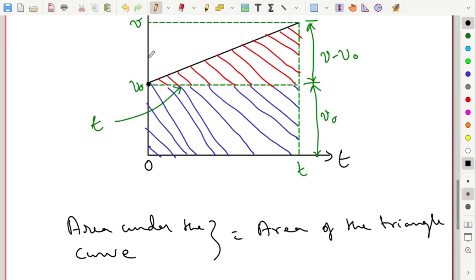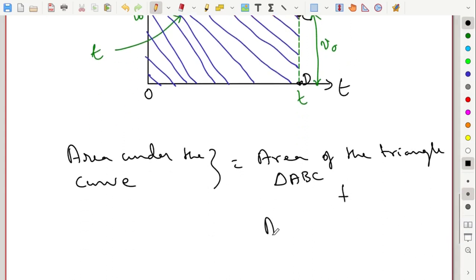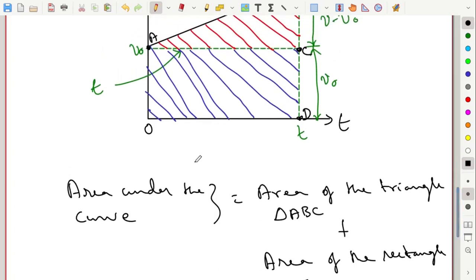So this point is A, this point is B, and this point is C. Let this point be D, and this point is O. So the area of the triangle ABC plus the area of the rectangle OACD.